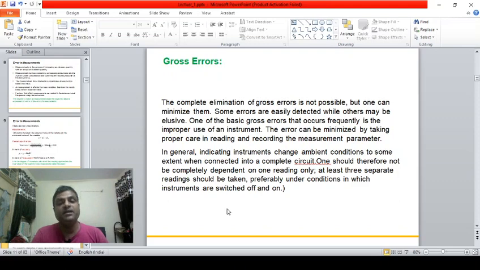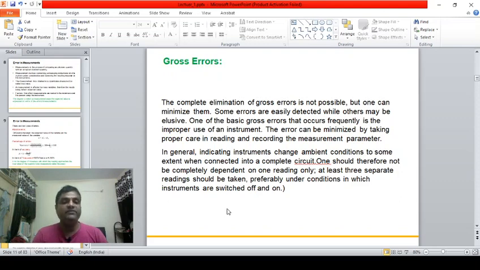Some errors are easily detected while others may be elusive. One of the basic gross errors that can occur frequently is the improper use of instruments. The error can be minimized by taking proper care in reading and recording the parameters.